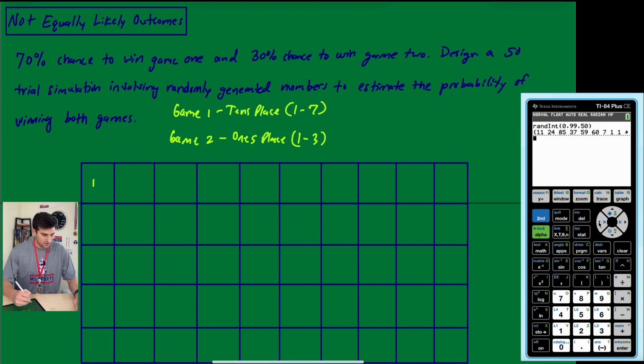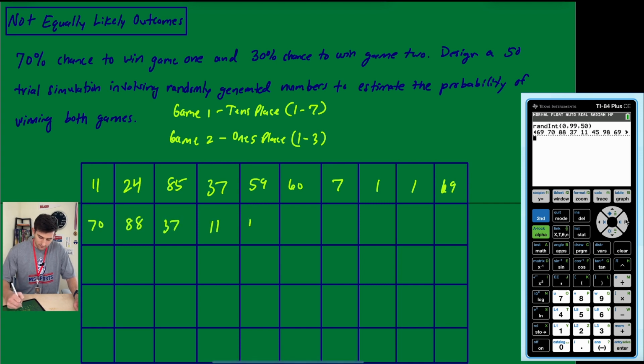So we have 11, 24, 85, 37, 59, 60, 7, 1, and 1. Now let's arrow over and get past these two ones. We have 69, 70, 88, 37, 11, 45, 98, 69, and now let's arrow over.